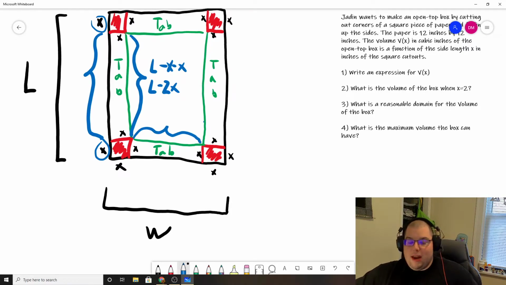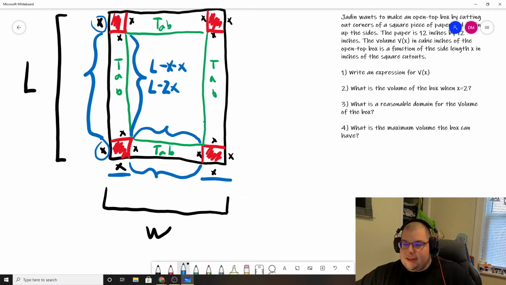And that width on the bottom is the same thing. This middle width is the original W minus this x distance and this x distance, because it's the leftovers. So the width of my box is also going to be the width minus 2x.